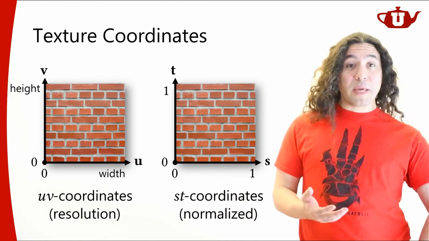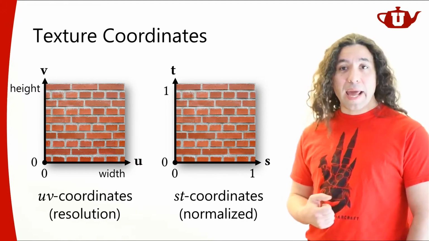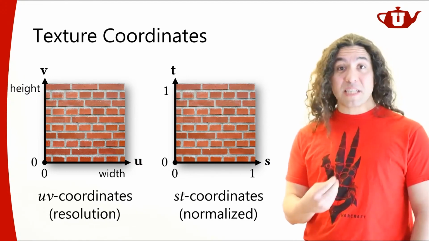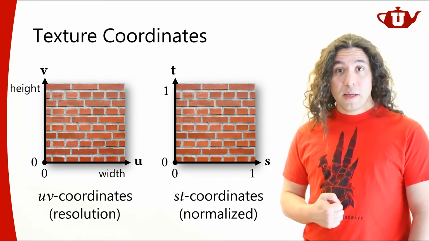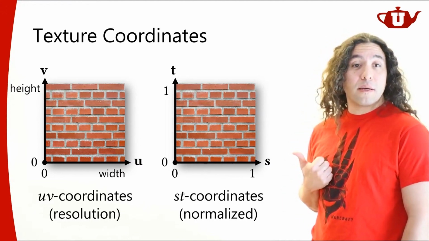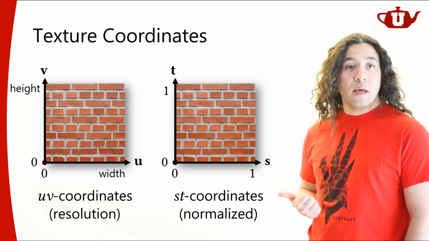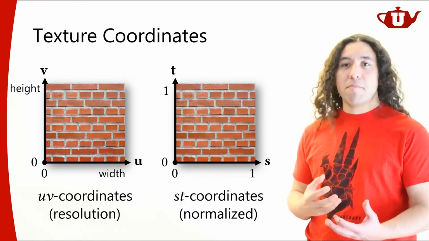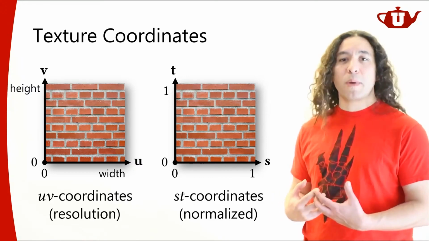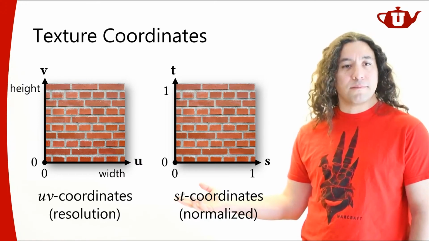Which is really nice because, for example, I can take my teapot model and I have my texture coordinates specified on my teapot model and I can put an image of whatever resolution I want and I'm still going to use the same normalized coordinates, right? So I don't have to change the mapping.